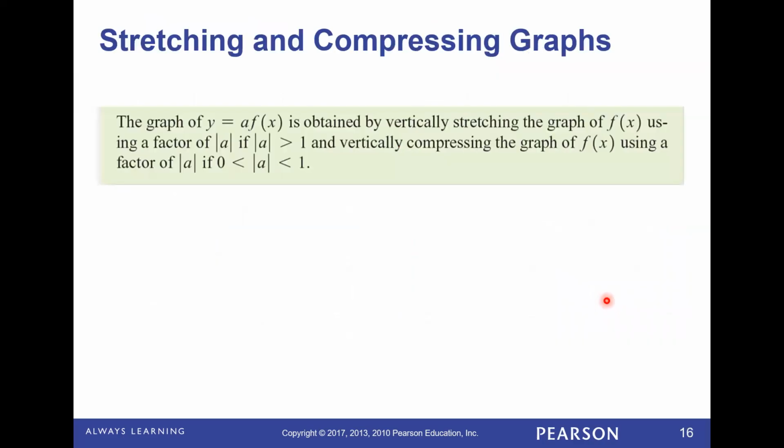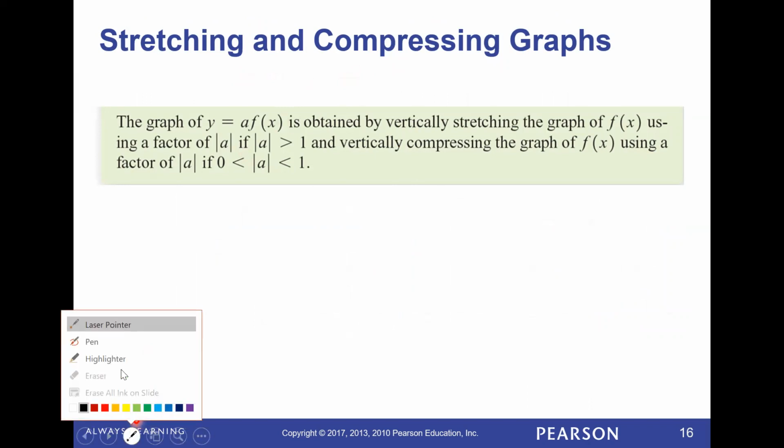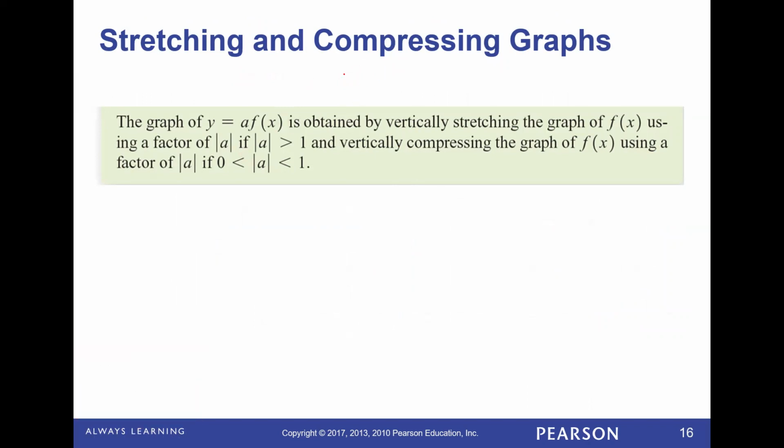And that's actually one of our other types of transformations we do, stretching and compressing. Now, I know the word compress probably sounds a little strange there, so let me write it slightly differently. Instead of thinking compress, think about shrinking it. So when I think about that word there, we're basically vertically stretching or compressing it.